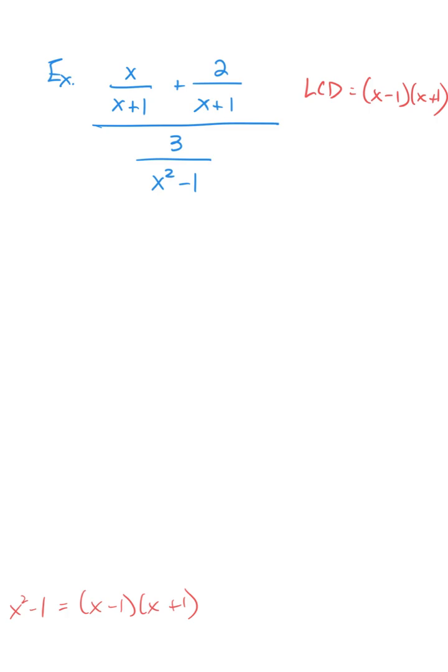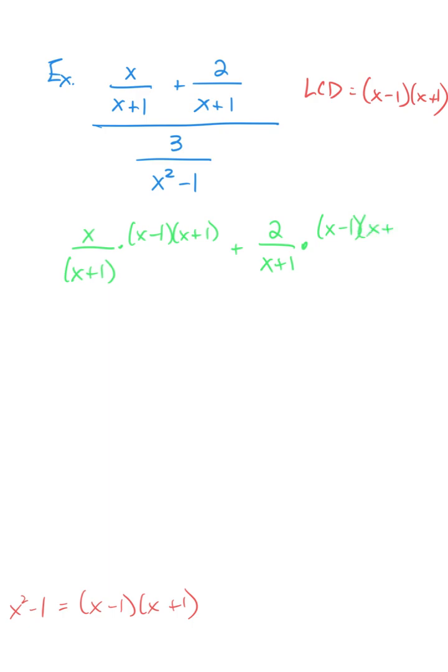Now when I start writing, I get x over x plus 1. So I need to now multiply that by an x minus 1, x plus 1, plus 2 over x plus 1. And I'm multiplying that times an x minus 1, x plus 1.